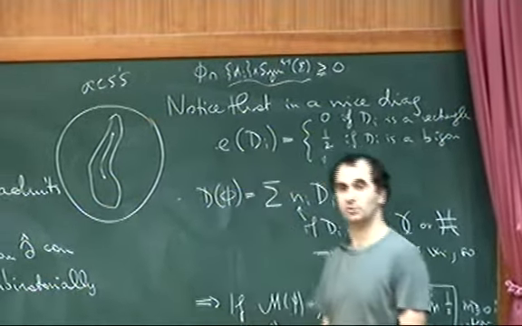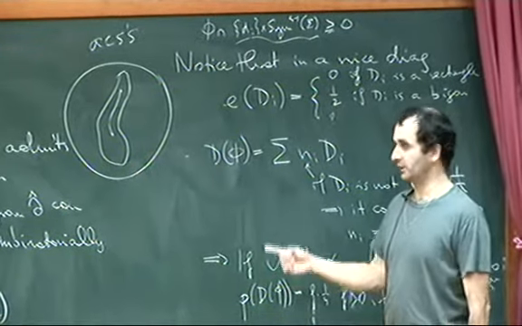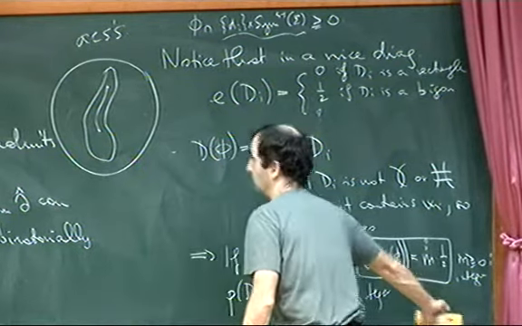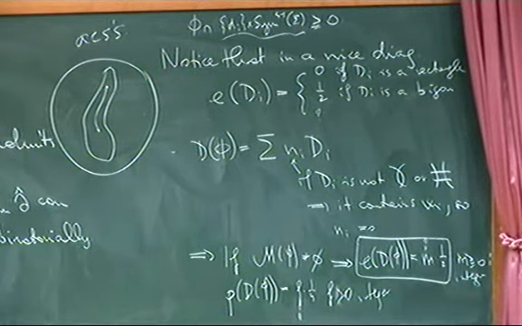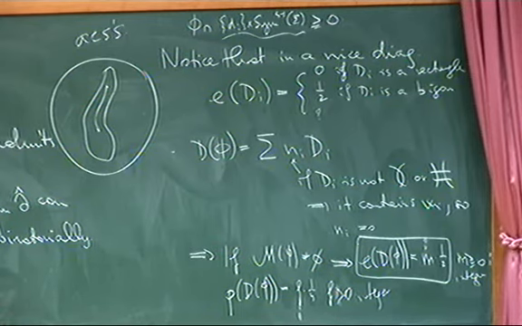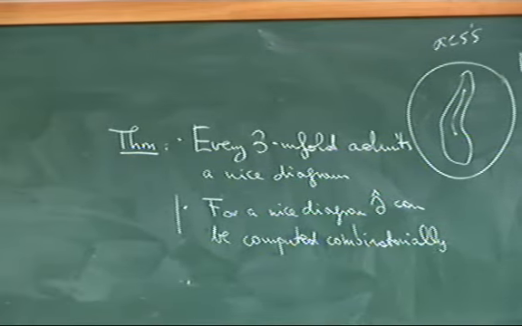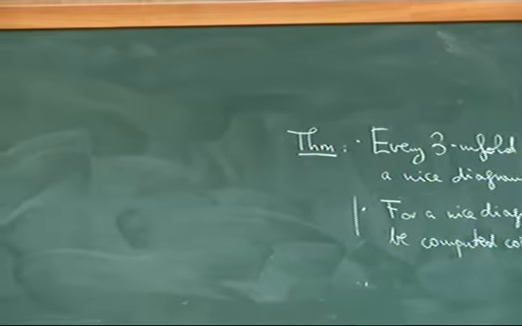This also helps you to describe what are the domains which contribute to the boundary map. Let me just give you that. What are the phi's with mu phi equal 1? How can that happen?